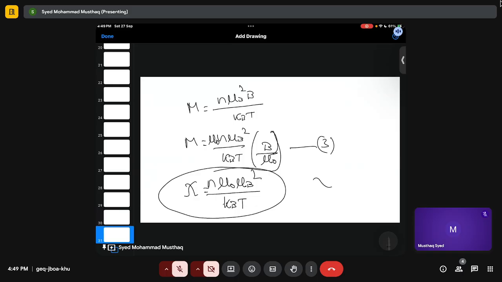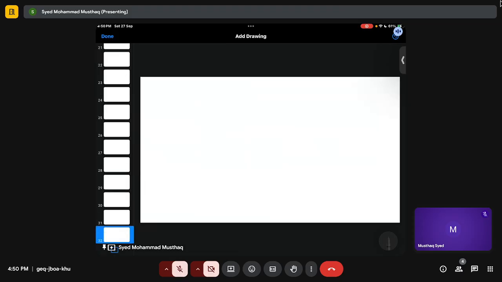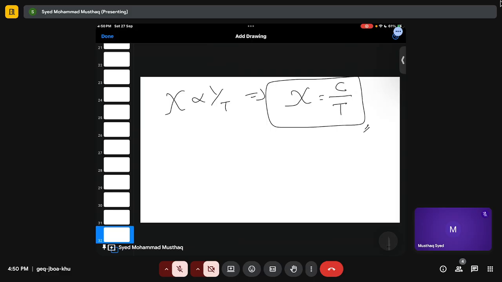That means susceptibility is inversely proportional to the temperature. And if I remove the proportionality, I will remain with the proportionality constant, and that is called Curie's constant. And this is called Curie's law.